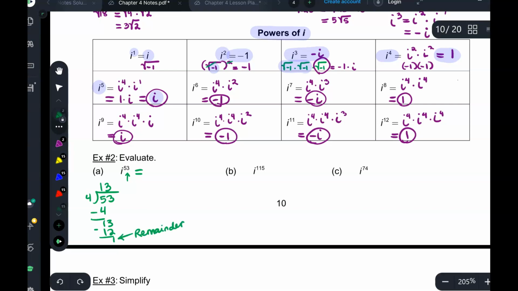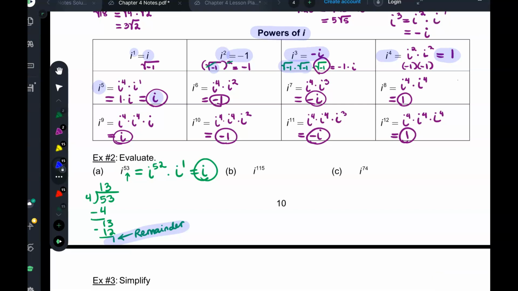Another way to look at this is i to the 52nd power times i to the 1st power. And because 52 is a multiple of 4, this is just going to be 1 times i, which equals i. Again, you can just focus on when you divide, what's your remainder, and that's going to be the power of i that you end up with.